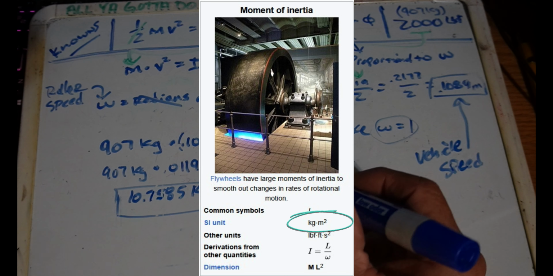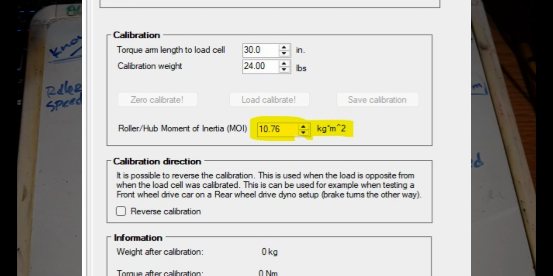So I can just plug in this 10.7585, after poking it into my HP48, into my Your Dyno calibration page, and that's my inertia.